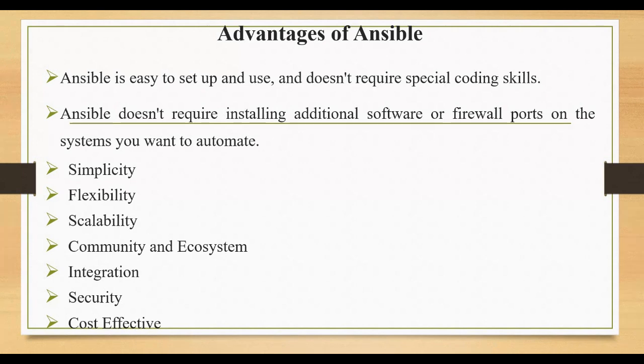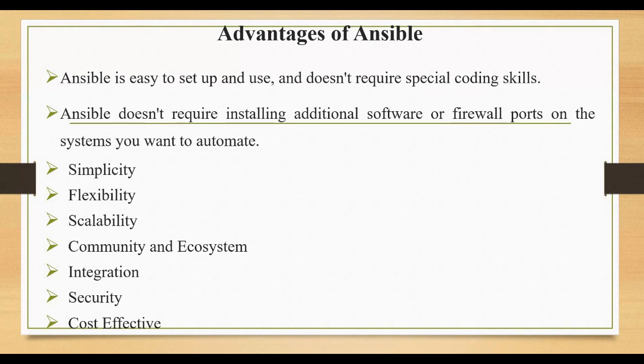The extensive ecosystem provides pre-built solutions. Integration: it integrates seamlessly with other tools and platforms, including version control systems, for example Git, CI/CD pipelines, monitoring solutions, and configuration management databases.